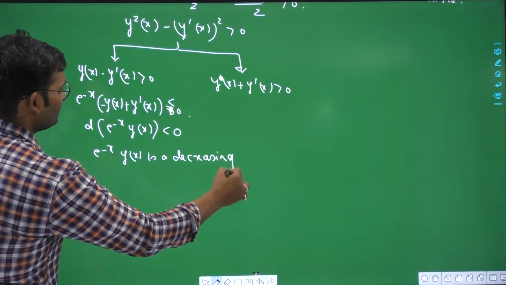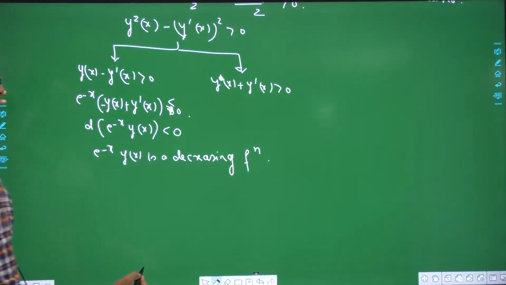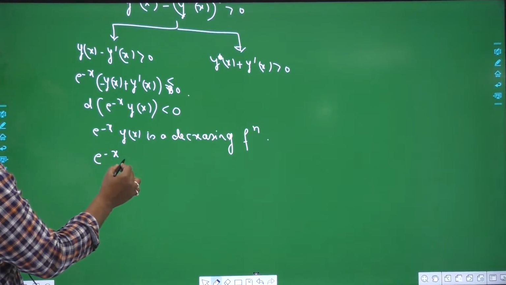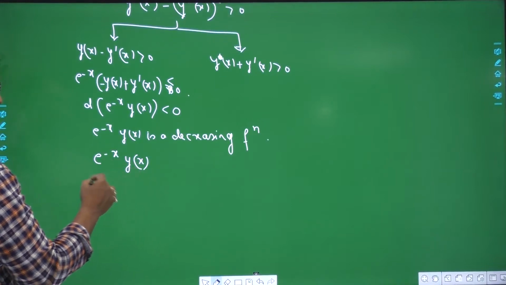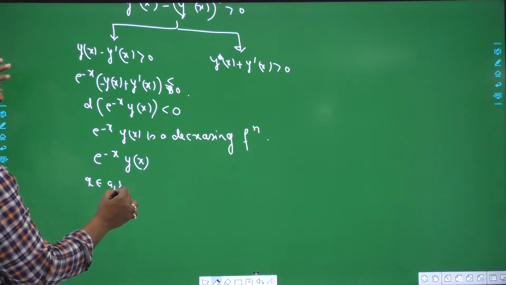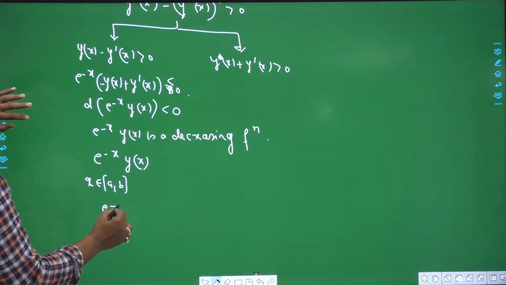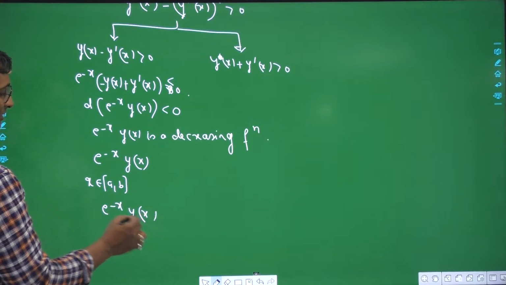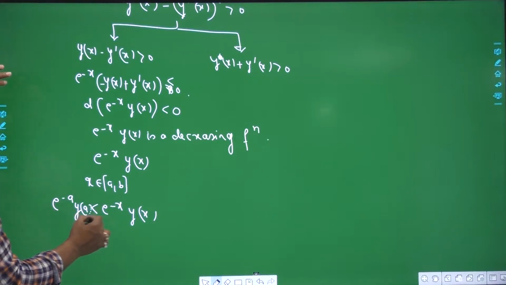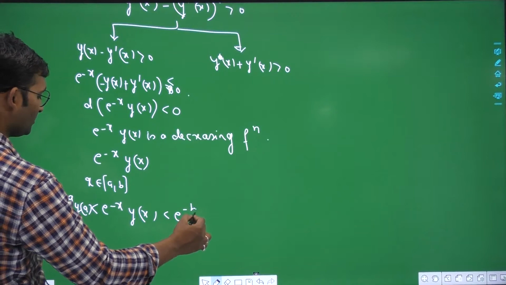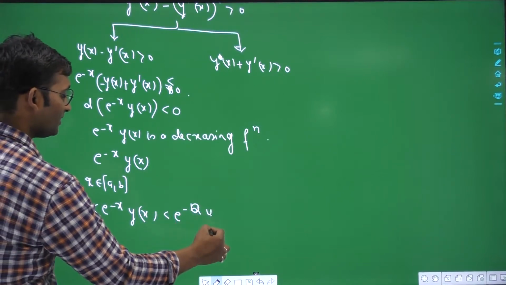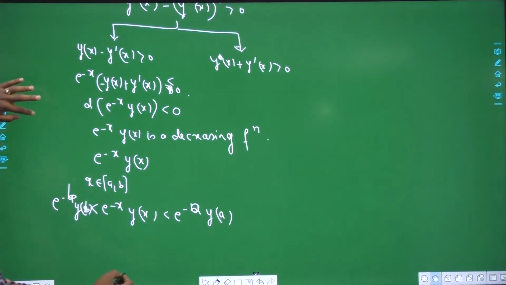Now if at all it is a decreasing function, see, if x belongs to [a, b], then e to the power minus x into y(x) will lie between e to the power minus b into y of b, and e to the power minus a into y of a.